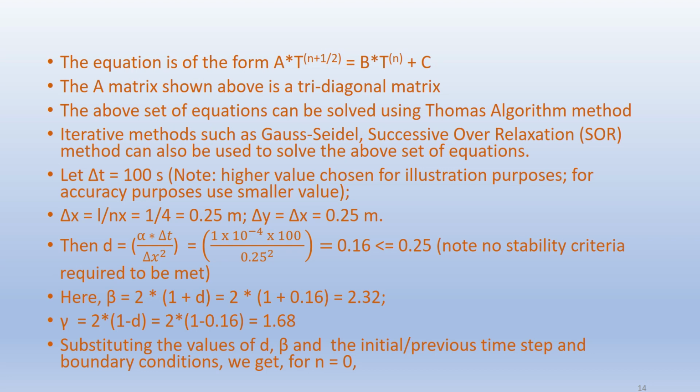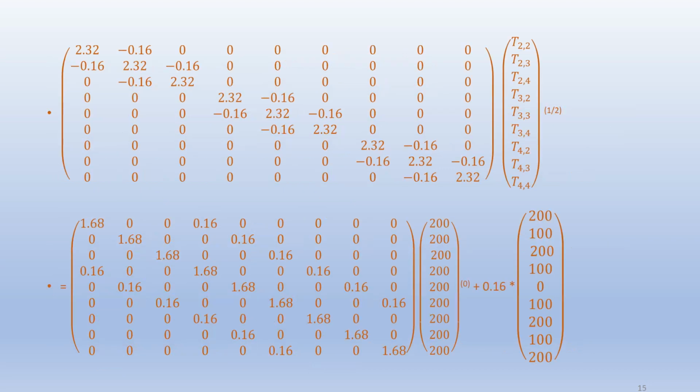We will now substitute the values of the diffusion number d, beta, gamma, the initial and previous time steps, and boundary conditions. Also we'll substitute n equals 0. Accordingly, our set of equations are arranged this way.